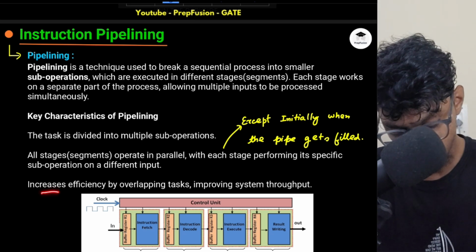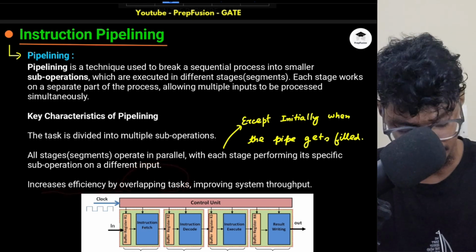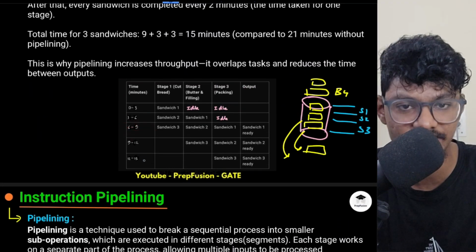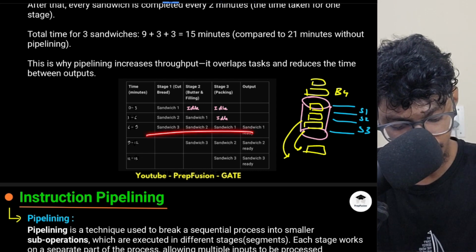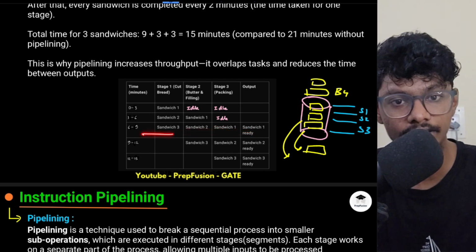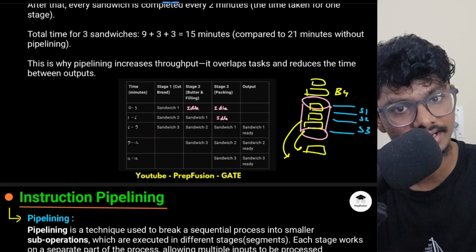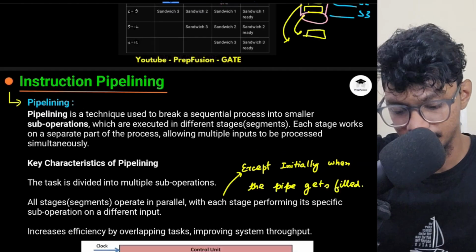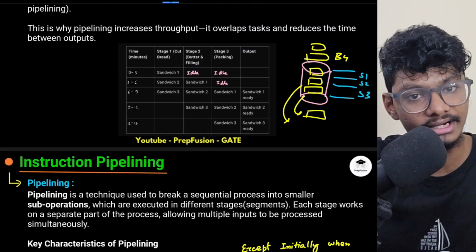Okay. So it increases efficiency by overlapping tasks. Here, tasks are overlapping because from minute 6 to 9, multiple tasks are happening. This is doing packing, this is doing butter filling, this is doing cutting. So multiple tasks are happening simultaneously. That's why we overlap, but not the same task, because person A can only cut one bread at a time.